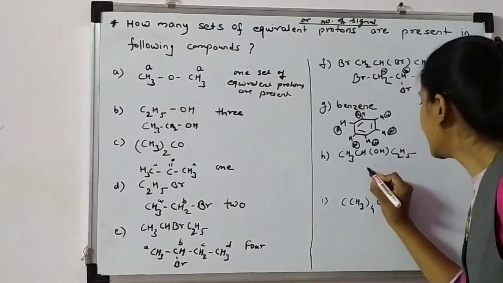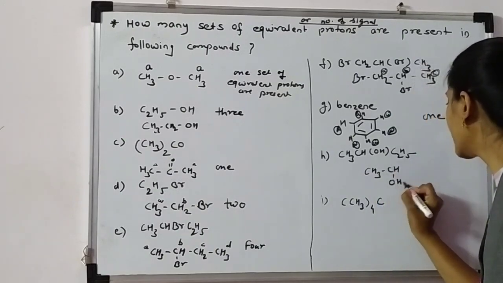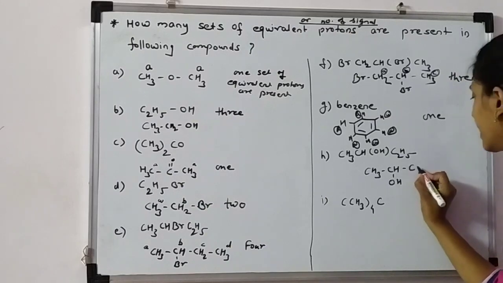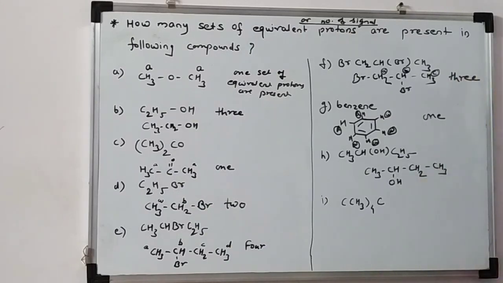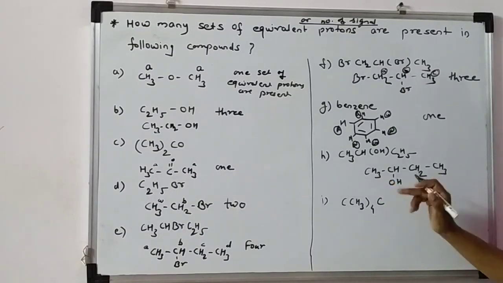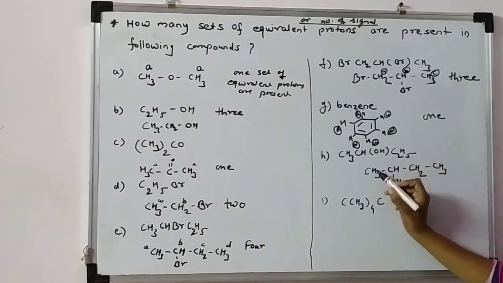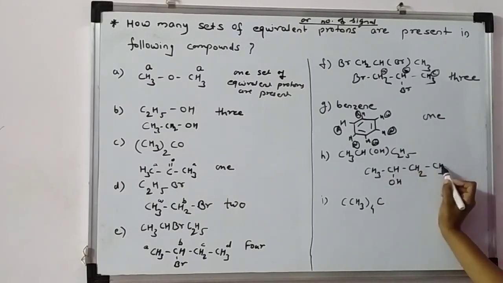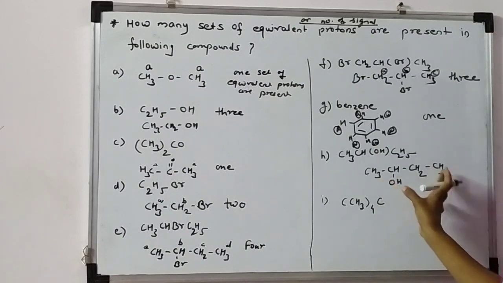Next one: CH3, CH(OH), C2H5, that means CH2, CH3. Now how many kinds of protons are there? There are 2 methyl groups, but one methyl group is attached to CH and the other is attached to CH2, so the environments of the two methyl groups are different.